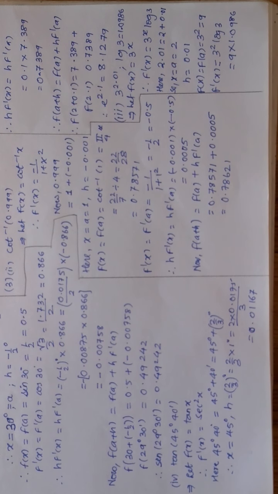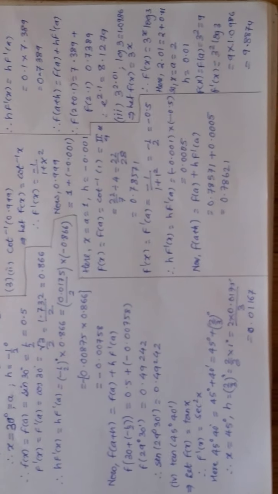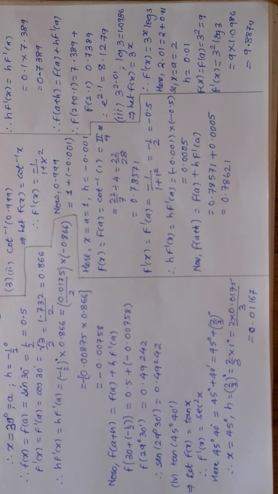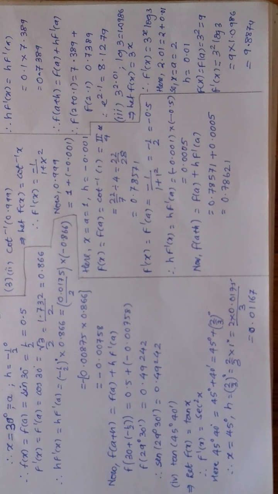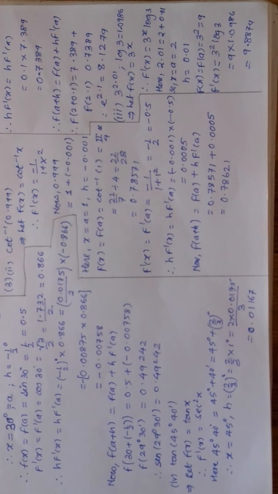On multiplication we will get 9.8874. Okay. Now we will proceed in the same way, that is we will find function of a plus h and so on. Now you write the value of h and f dash x because we will be requiring them, and the function of a value, so we know it is 9. So write it down.